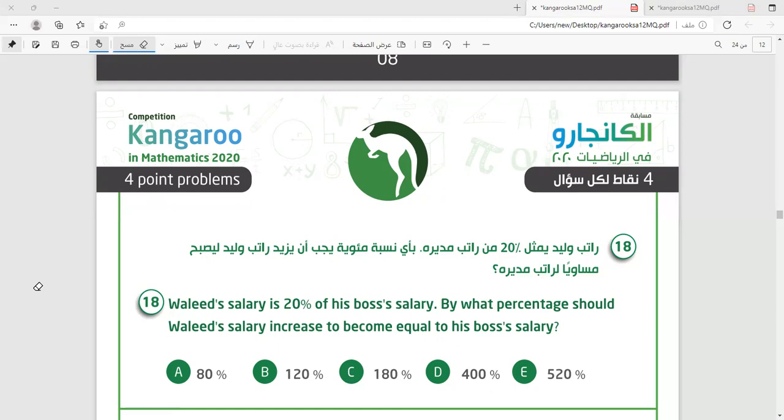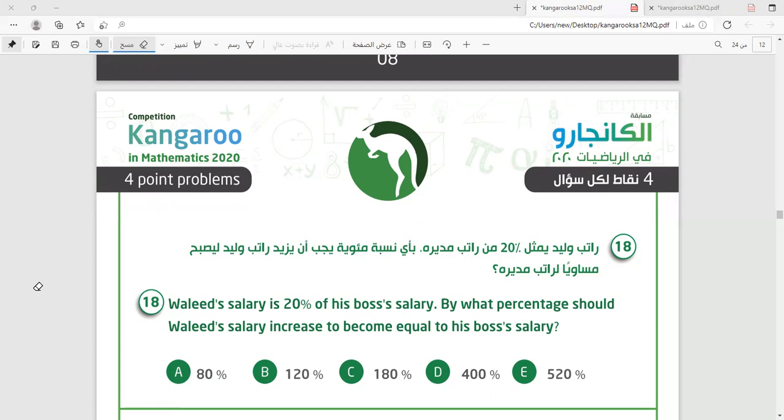Because there's a percent sign, his boss's salary is of course 100%. So from 20 to 100, how many percent is it? If you have a hard time, you can just do 100 minus 20.